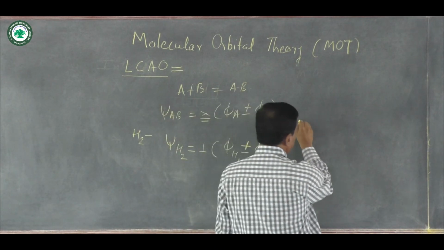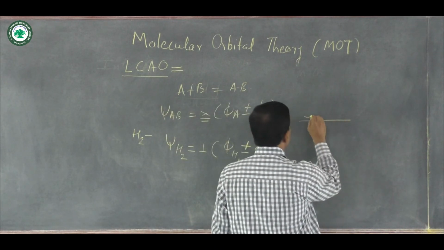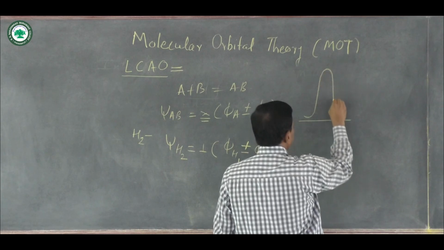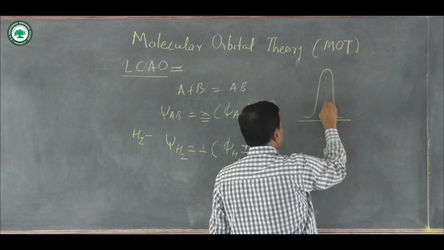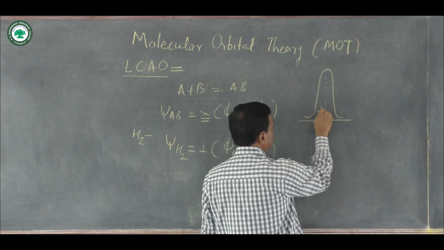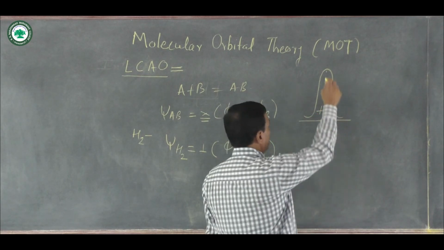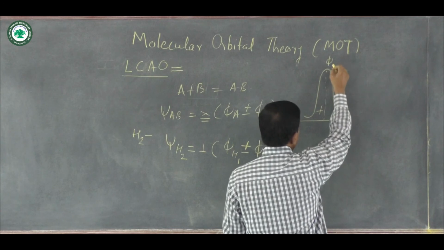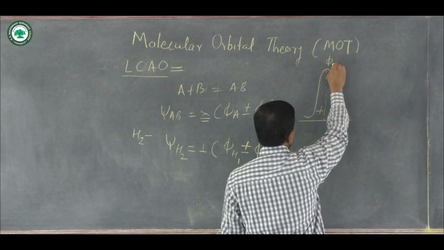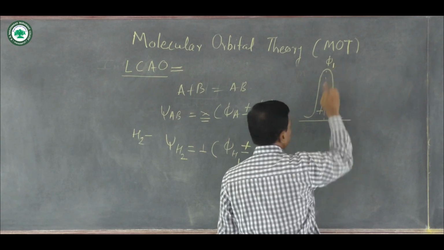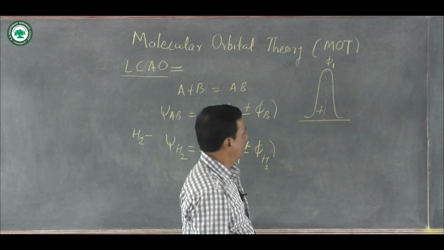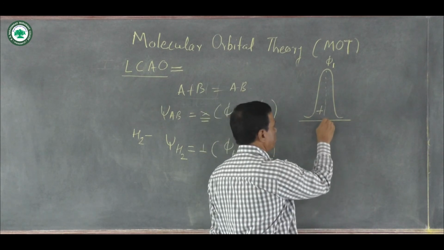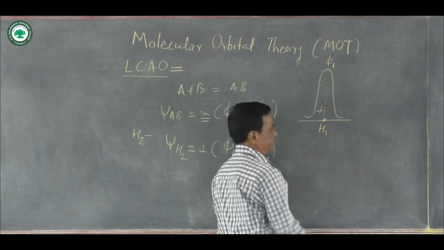Here, the first one is for the first hydrogen, then a plus, and its atomic orbital wave function is represented as phi 1, for the first hydrogen H1.